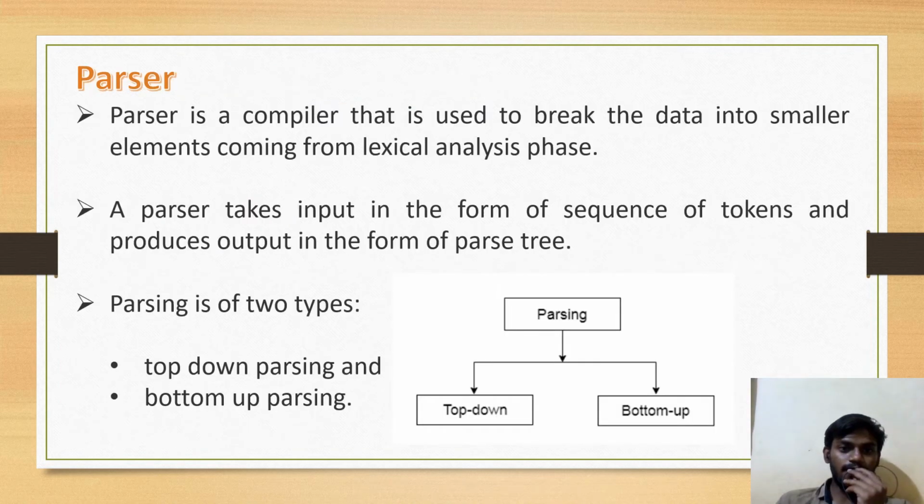Parser. A parser is a compiler component that is used to break the data into smaller elements coming from lexical analysis. A parser takes input in the form of a sequence of tokens and produces output in the form of a parse tree. Parsing is of two types, top-down parsing and bottom-up parsing.